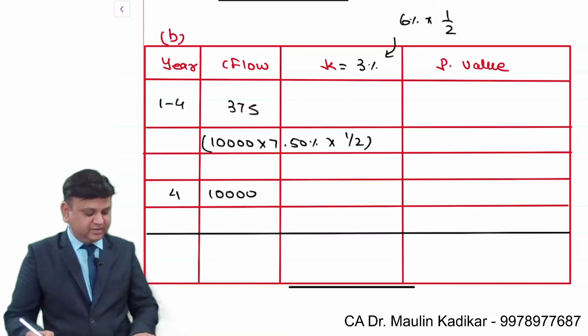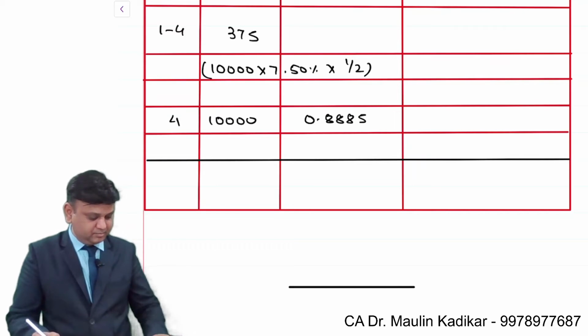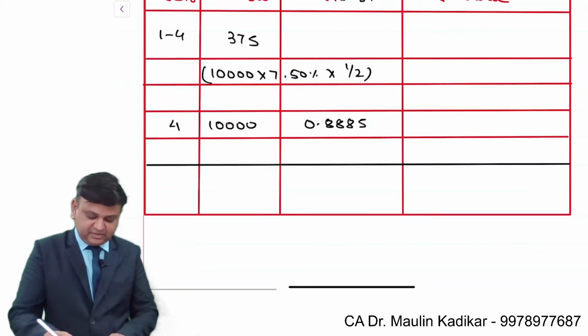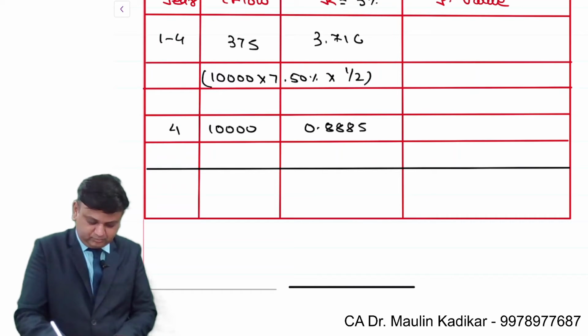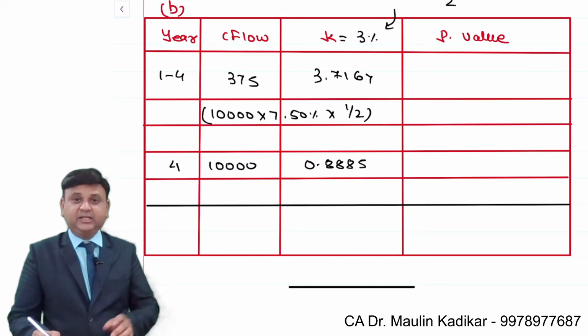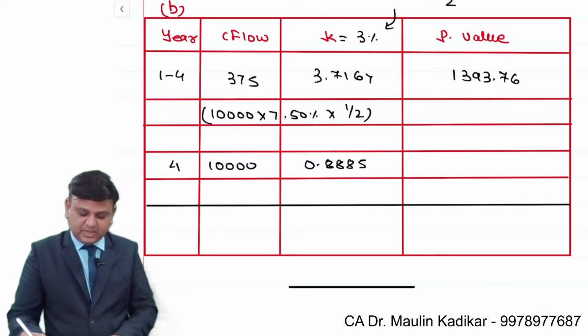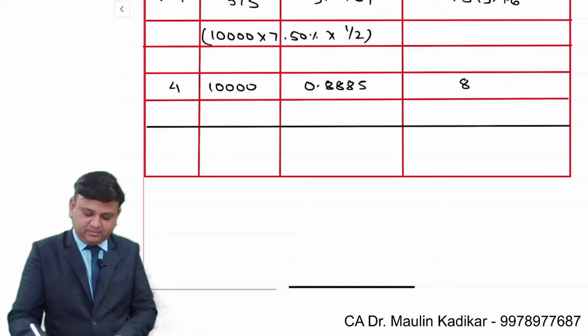So that is the way we will have the discounting factor. 0.885 for the last year. 3.7171. So 375 into 3.7171, so it is 1393.76. For the last year it is 8885.